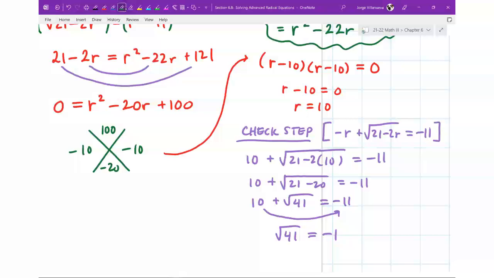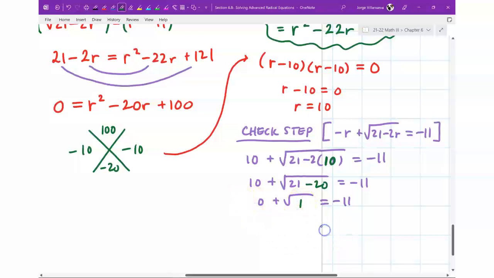Let me change the color here. That way you guys can see where the weird stuff happened. Minus 20. So this will be a positive 1. Let me get rid of this real quick. Sorry about that, guys. I don't know why I saw negative 10. There's a 10 here.